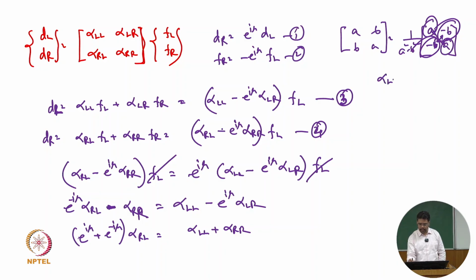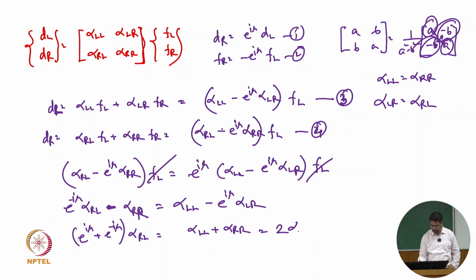So you can say that alpha LL equal to alpha RR and alpha LR will be equal to alpha RL. So here I can just substitute alpha RL instead of writing alpha LR and alpha RR, and here we can also write it 2 alpha LL. So alpha RL.